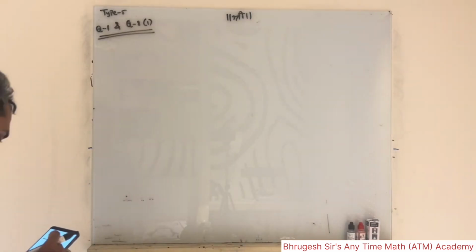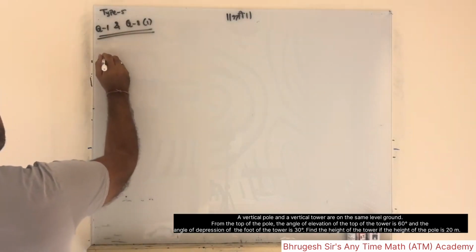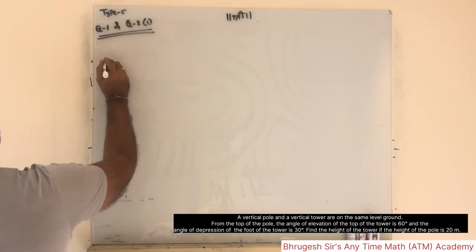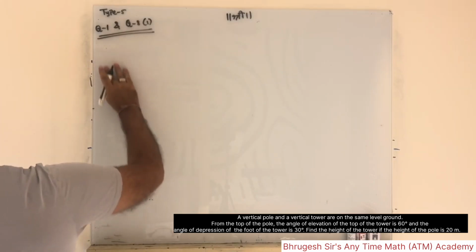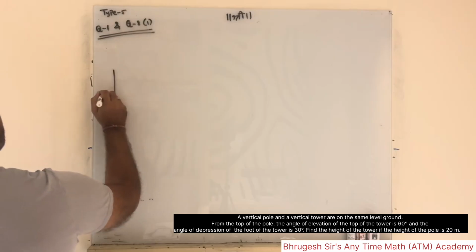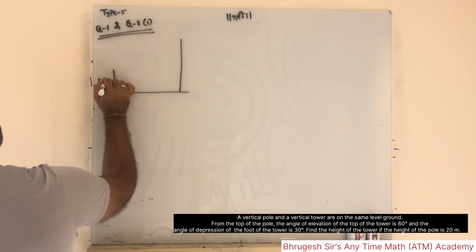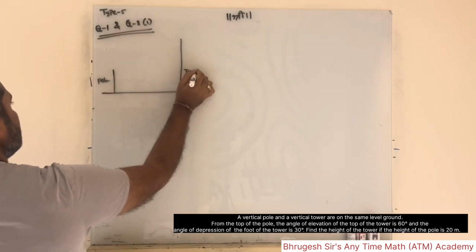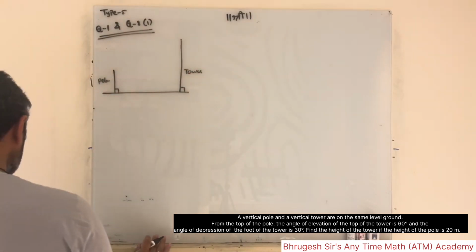So let's do it. A vertical pole and vertical tower are on the same level ground.